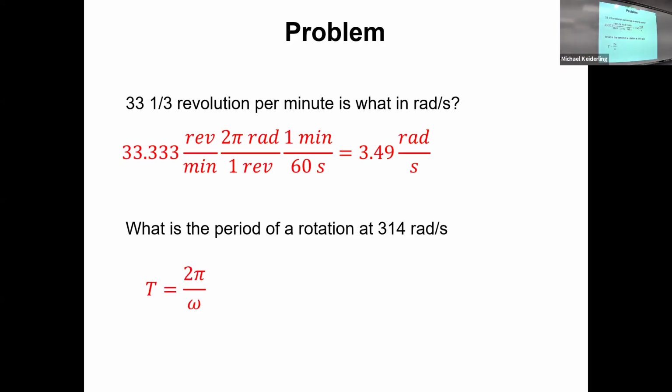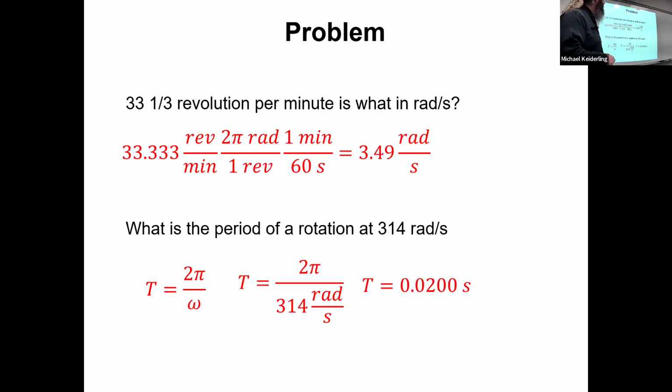The period of rotation for 314 radians per second is 2 pi over omega, which is 2 pi over 314 radians per second, which is 0.0200 seconds.